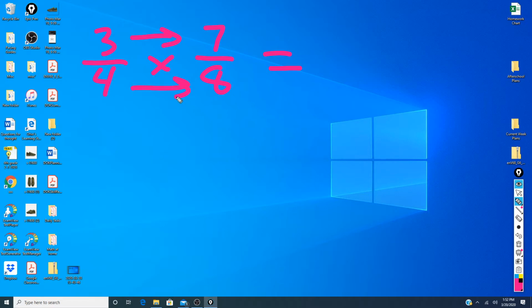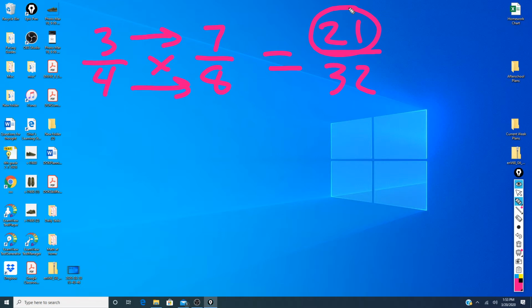So with that being said, 3 times 7 is 21, 4 times 8 is 32, and then from there you have to determine whether or not you have to reduce that fraction to put it into its simplest form. And that's where we would look at the number 21 and say, what factors of 21 can evenly go into 32?